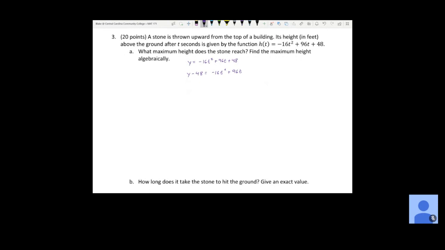Good. We have to bring out that -16 to get the t squared by itself. We're going to factor out a negative 16. That leaves us with t squared here. If I factor out a negative 16 from the 96t, what do we get?